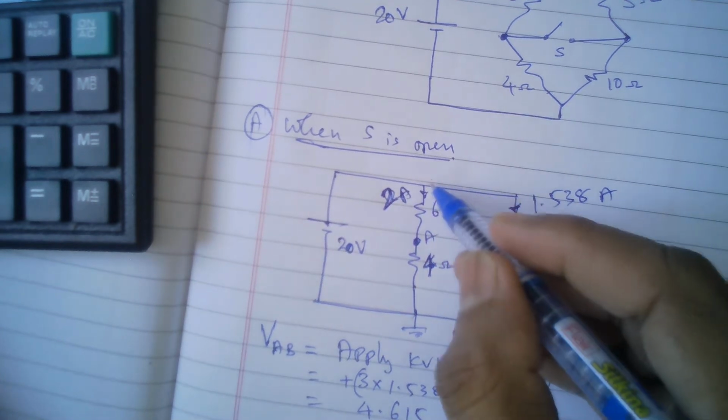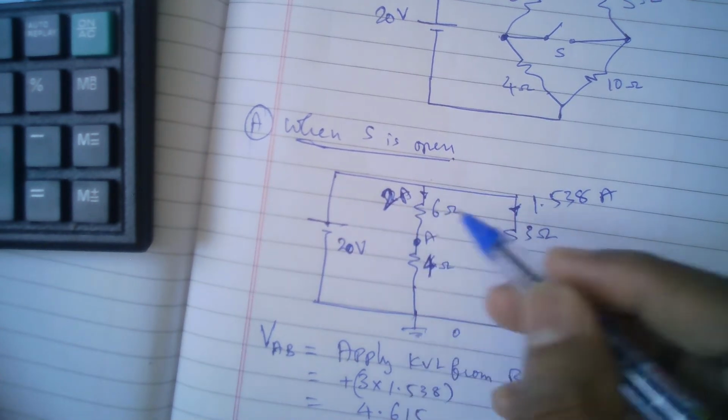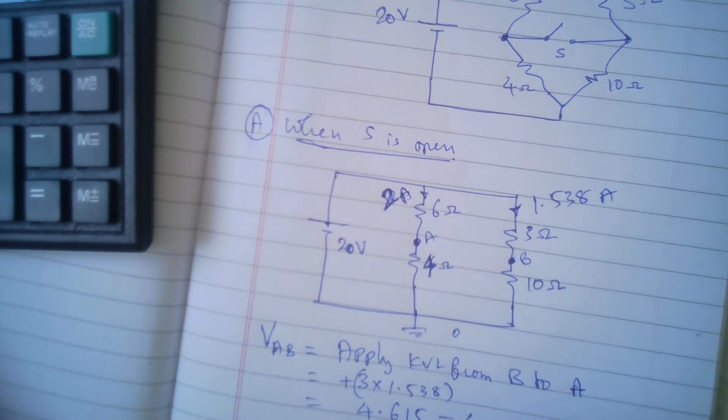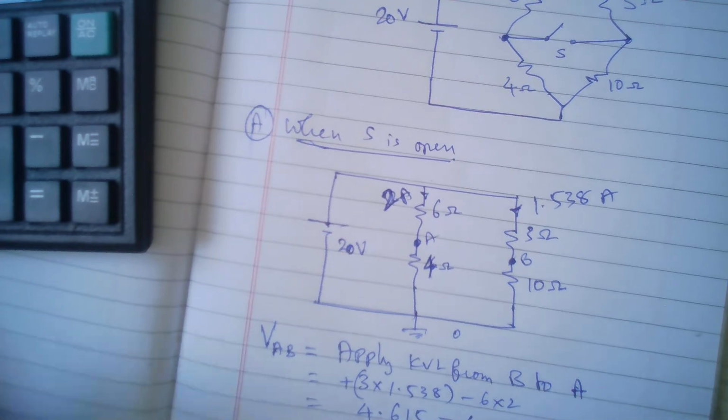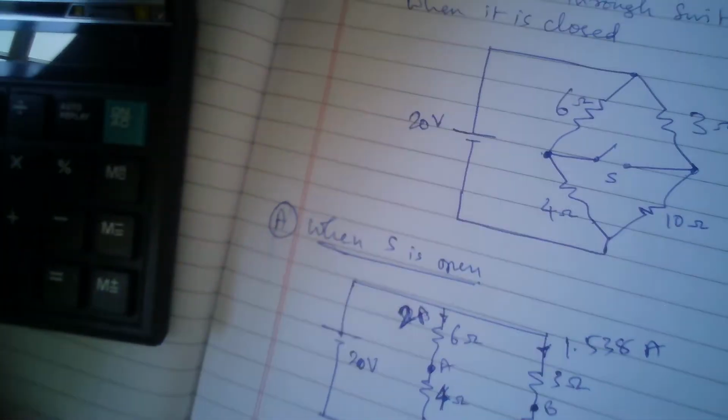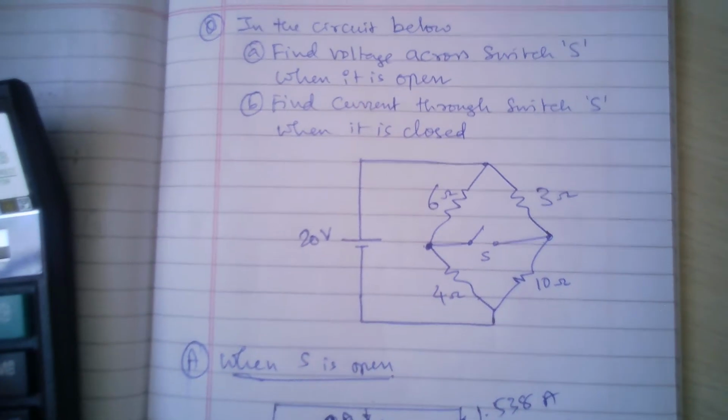Now I'm here. From here I go down, minus 6 into 2, which is 12. Let me get the line in focus.